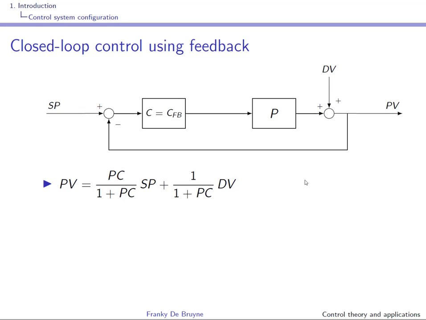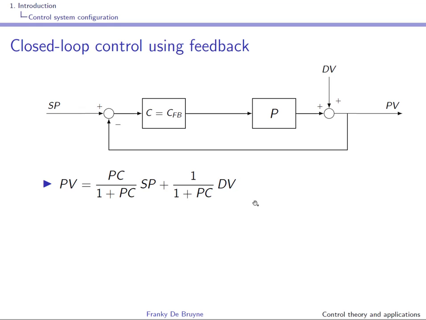We can see using this relation that if we make the loop gain PC large, well, this transfer function will tend to 1, so that PV is approximately equal to set point, and this transfer function here will tend to 0, so that PV becomes independent of TV.